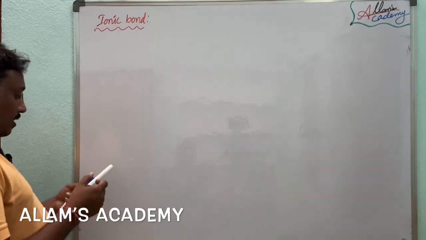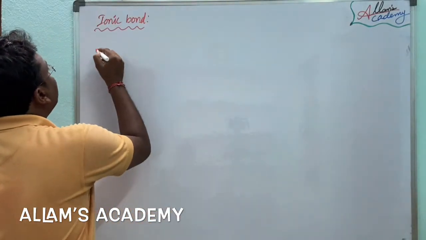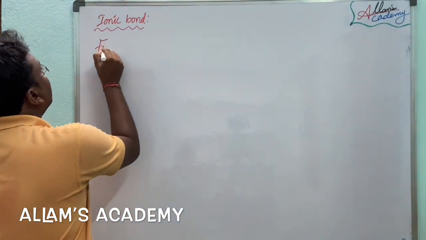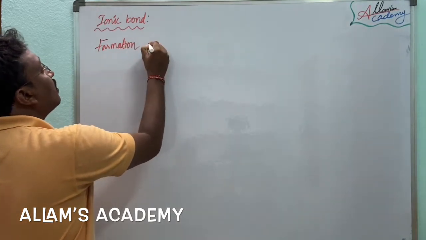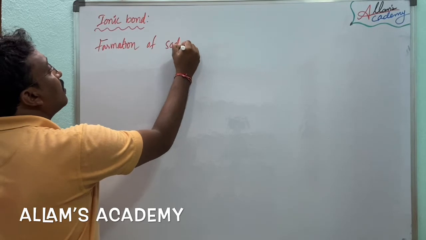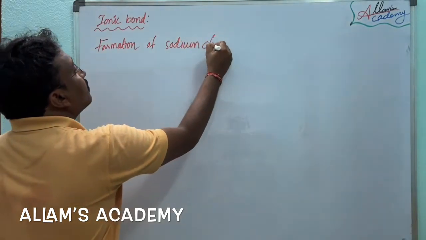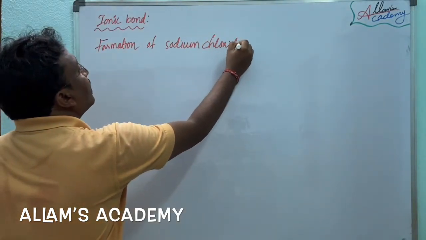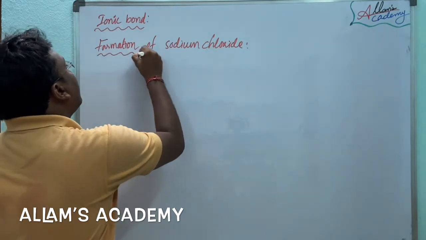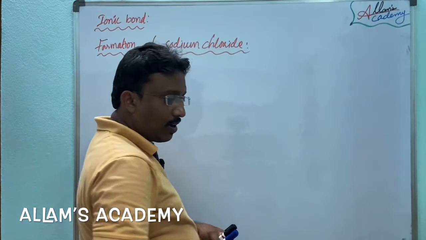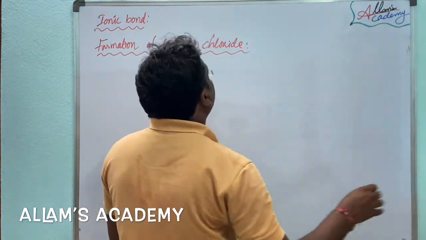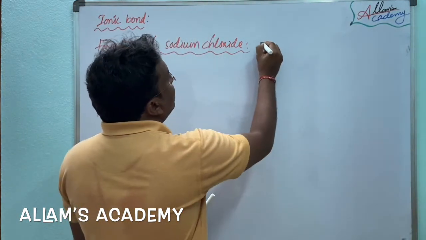Right. The formation of sodium chloride. What is the formula of sodium chloride? The formula of sodium chloride is NaCl.